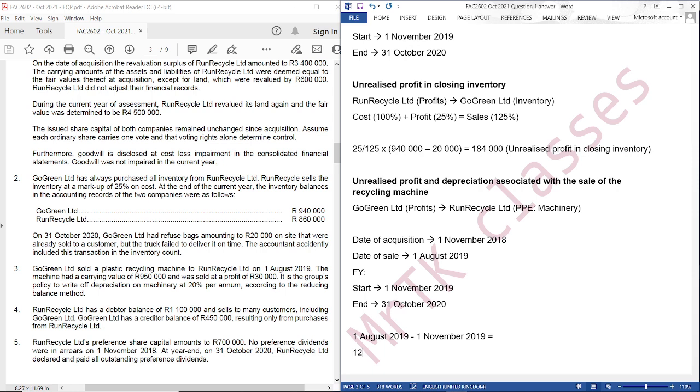August, September, October. We can't count November because this is 1 November. So we have 3 months. Then from 1 November 2019 up to the end of our financial year, that's 12 months.